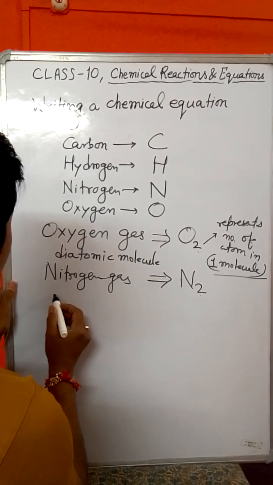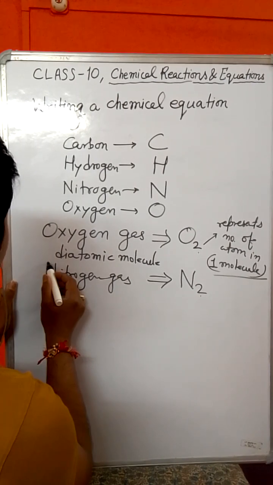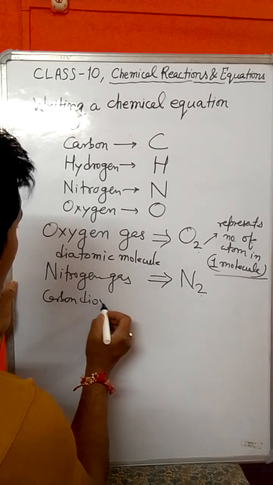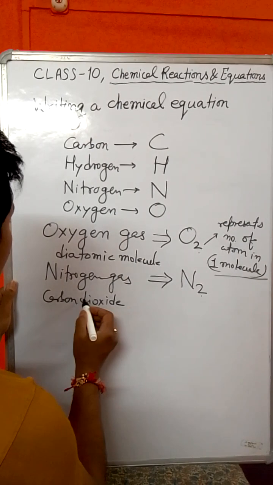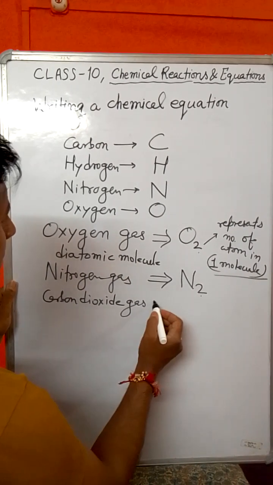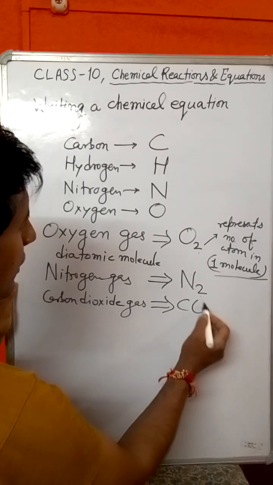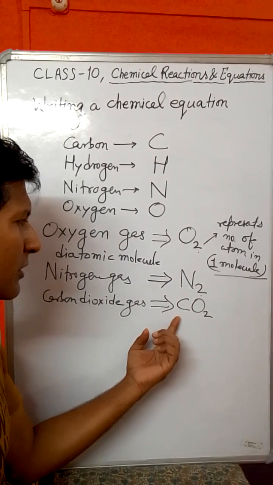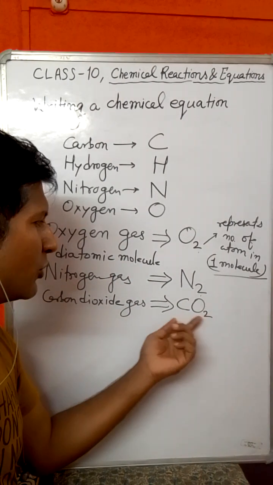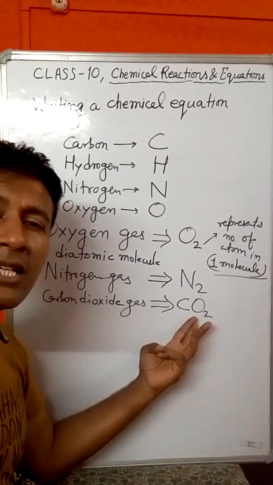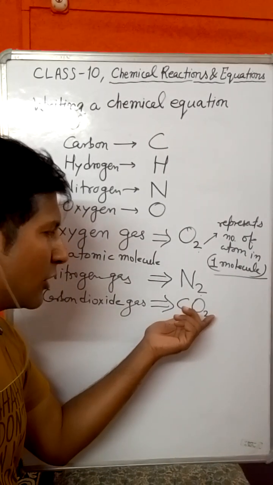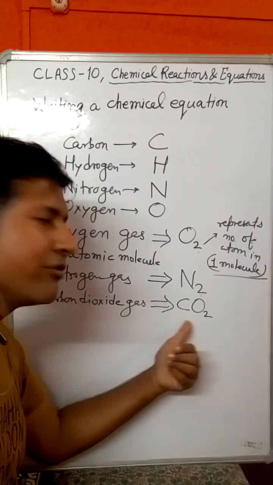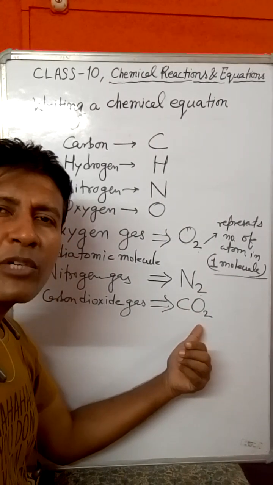And if we have to denote carbon dioxide gas, then it is denoted as CO2. Now this is a compound. Why? Because 3 atoms are combined in one molecule of carbon dioxide gas.